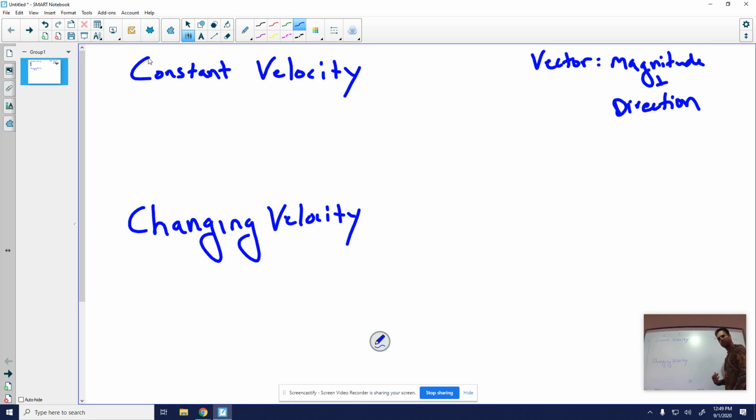So remember, the orange pajama guy from Despicable Me was committing crimes with both magnitude and direction, and his name was Vector. It's not just how fast you're going, but it's also the direction. So if you're going backwards at 30 miles per hour, that is not the same velocity as forward at 30 miles per hour. The direction matters for velocity. So anytime you turn, you change direction. So by definition, turning is changing velocity.